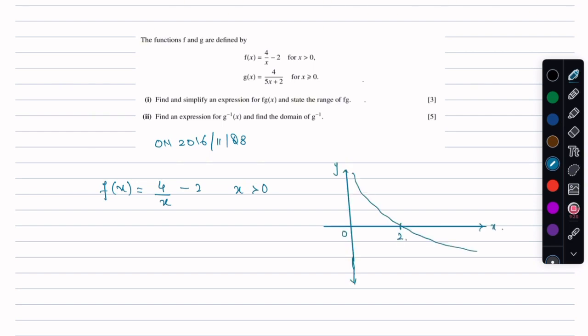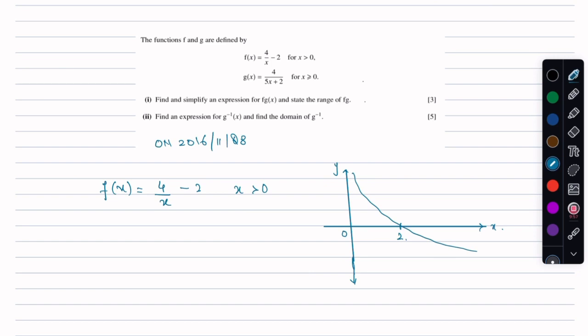What I can see about the graph of the function 4 by x minus 2 is that it needs x greater than 0, for all the x values from 0. If I substitute x as 0, this becomes undefined, moving towards infinity, therefore asymptotic towards the y-axis. When x is 1, it's 4 divided by 1, which is 4, minus 2.